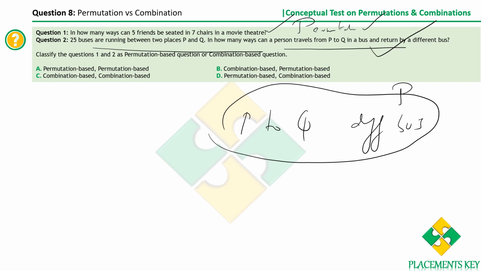For now, let's go with just that it's a permutation based question, because he takes one bus from P to Q and returns by a different bus. Order is important here. Okay, therefore it's a permutation based question, but hold on, let's get back to this question later. So both are permutation based questions for now.